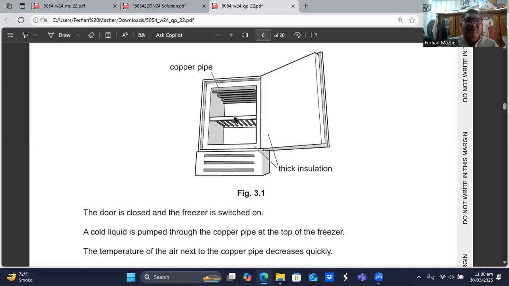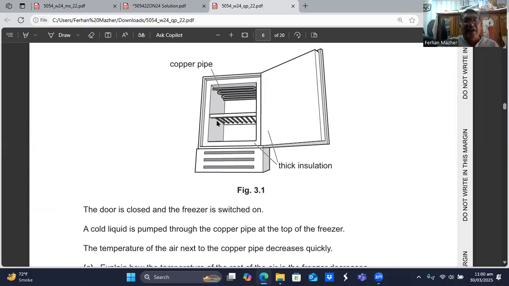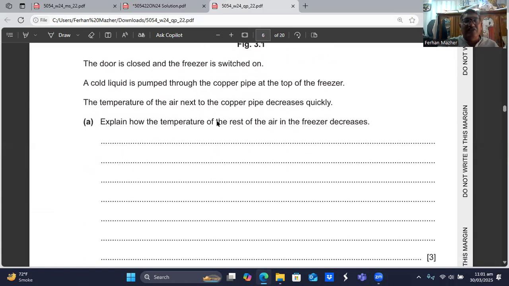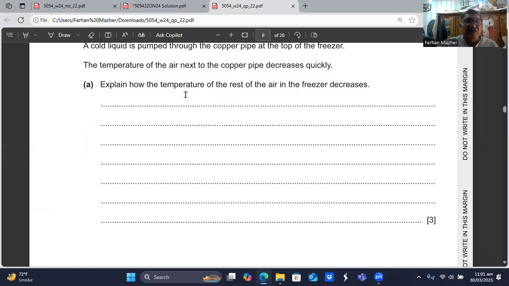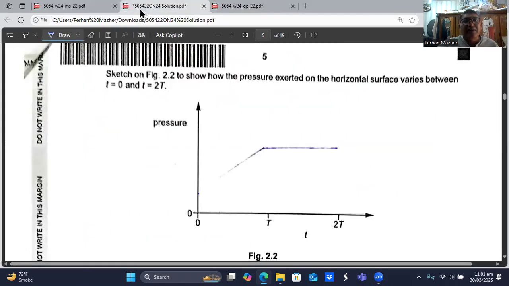So that dense air will go downwards, and the air which is here, which is relatively at a hotter temperature, being less dense, will rise up. So here the cold air will go down and the hot air will rise up. In this way, convection currents will be created inside this freezer. And by the convection currents, the temperature of that whole compartment, the air in that compartment, will decrease.